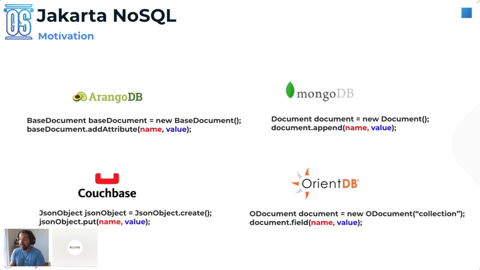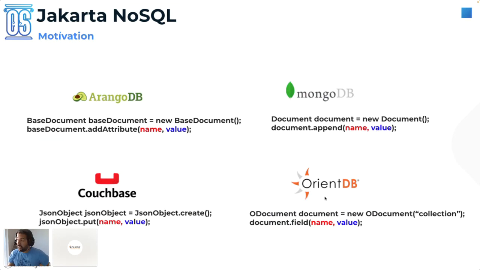The information is a tuple where I have my name and the information itself. So ArangoDB with name value, MongoDB with name value, Couchbase with name value, and finally OrientDB with name value.